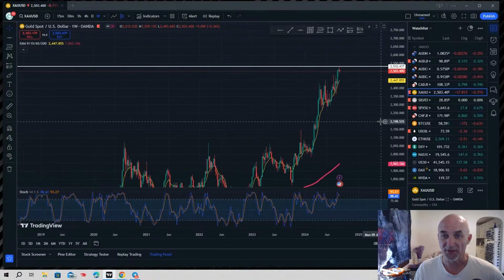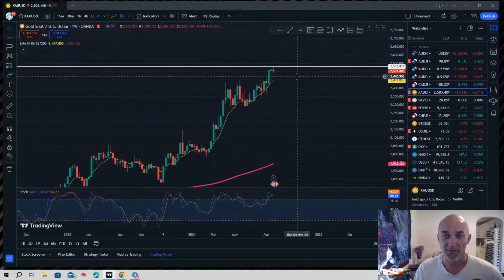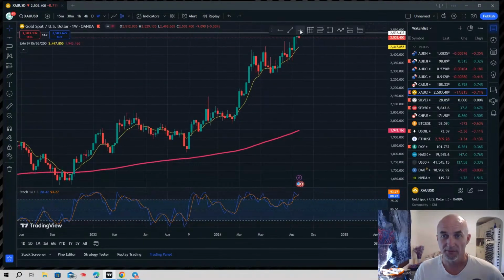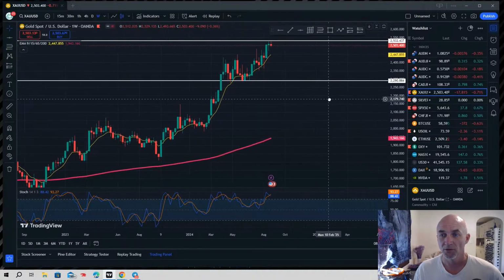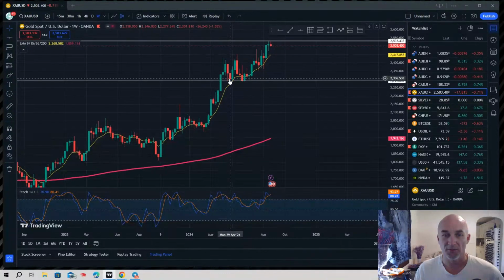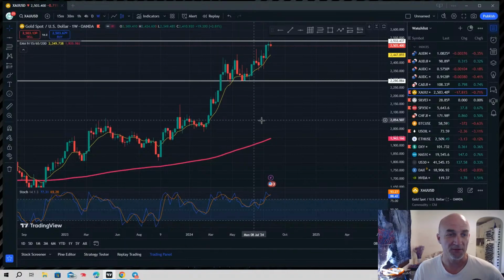Gold's been breaking all-time new highs. $2,290. You can see the price came here, went up, came here, went up, stayed up, came back down to it, went back up again, stayed up, came back down to it, and then went back up again. So a lot of stuff going on right there.